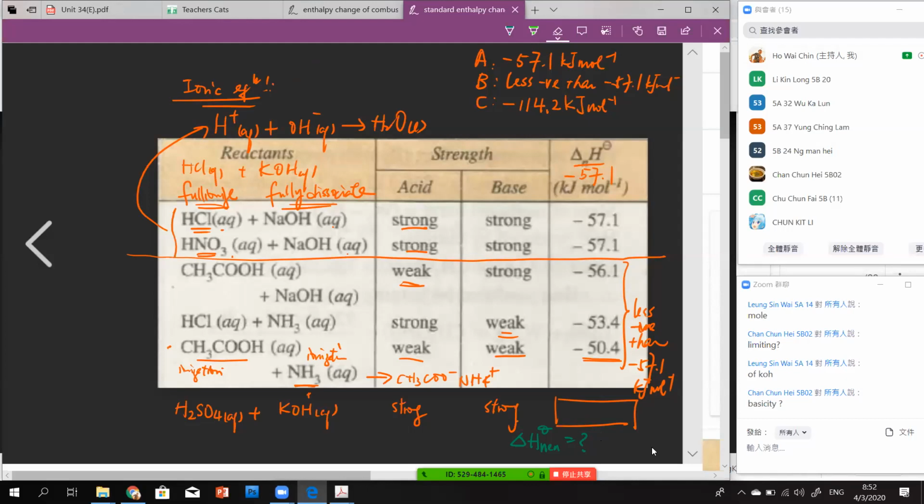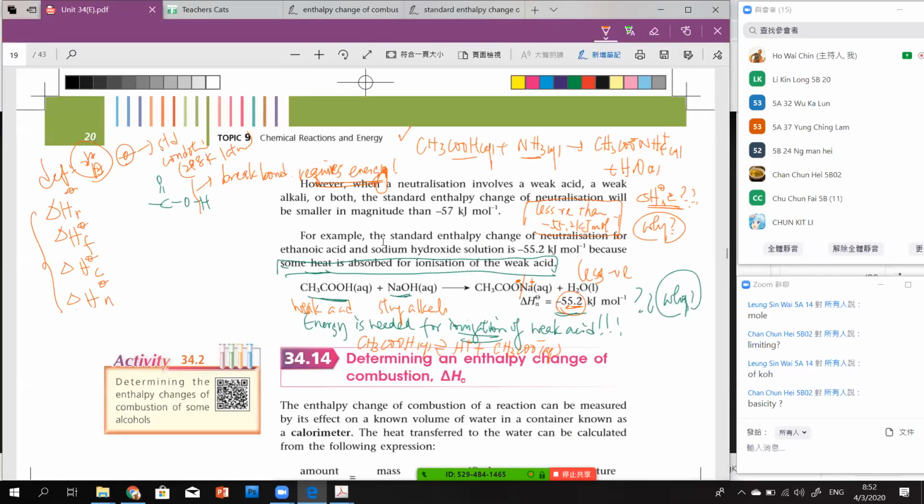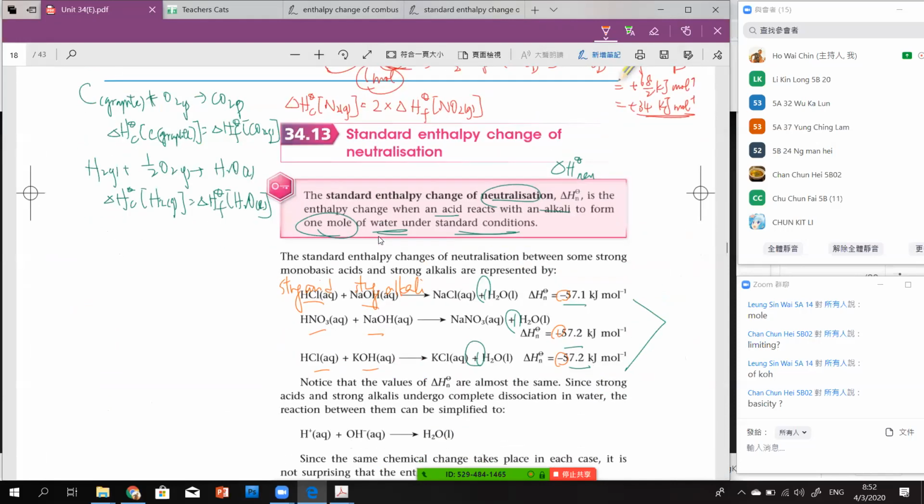So what is meant by neutralization, the delta H of the neutralization reaction? You have to go back to the definition. The definition is that the delta H of neutralization is the enthalpy change when an acid reacts with an alkali to form 1 mole of water under standard conditions.